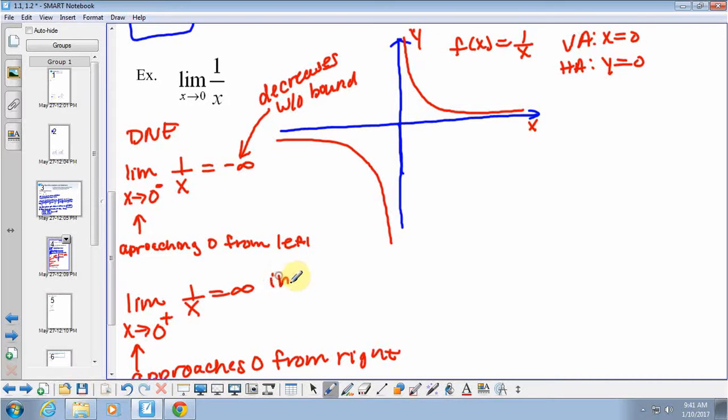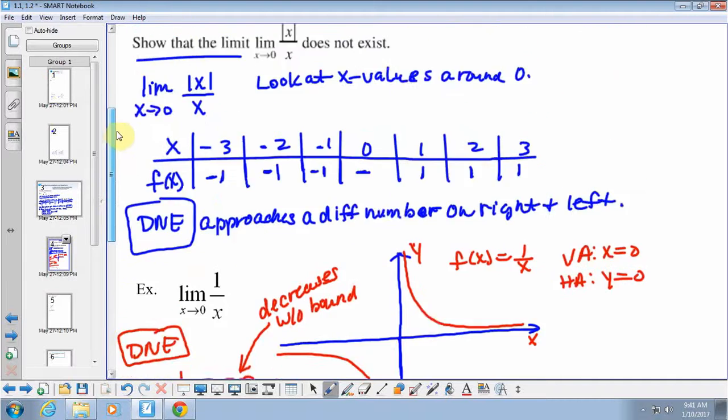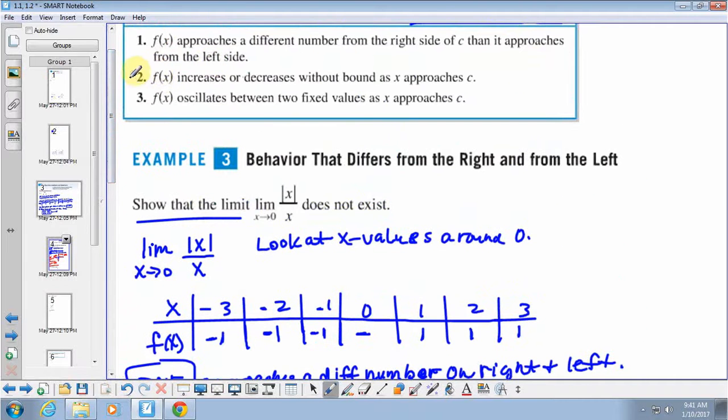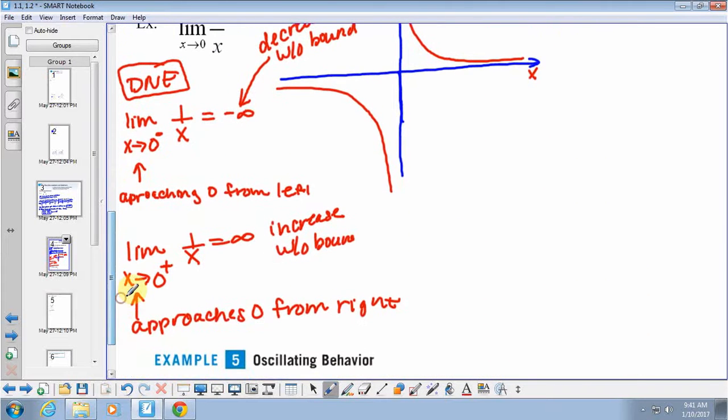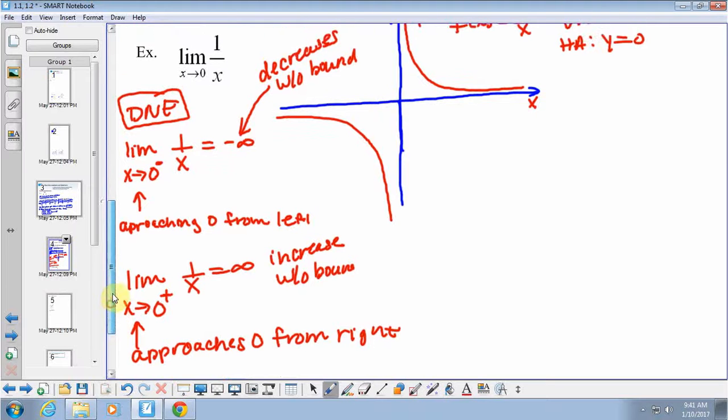So we increase without bound. So y'all, this is situation number 2. Okay? We've done situation number 1, situation number 2. So this does not exist because it is decreasing and or increasing without bound as you're going toward that 0.